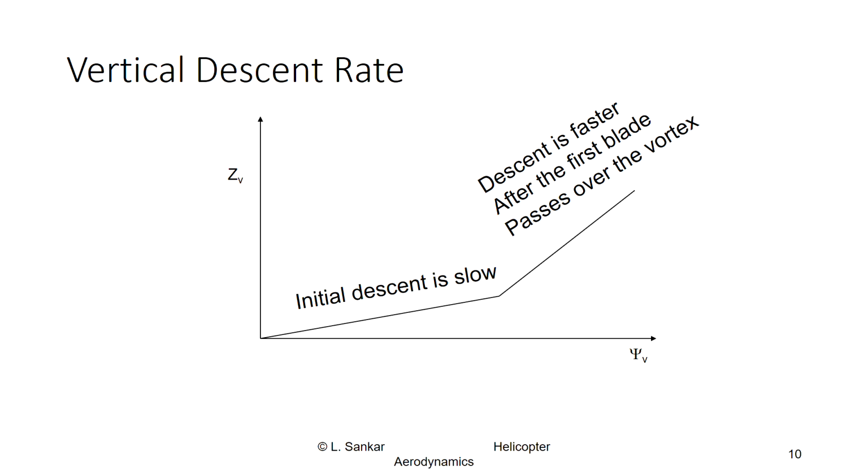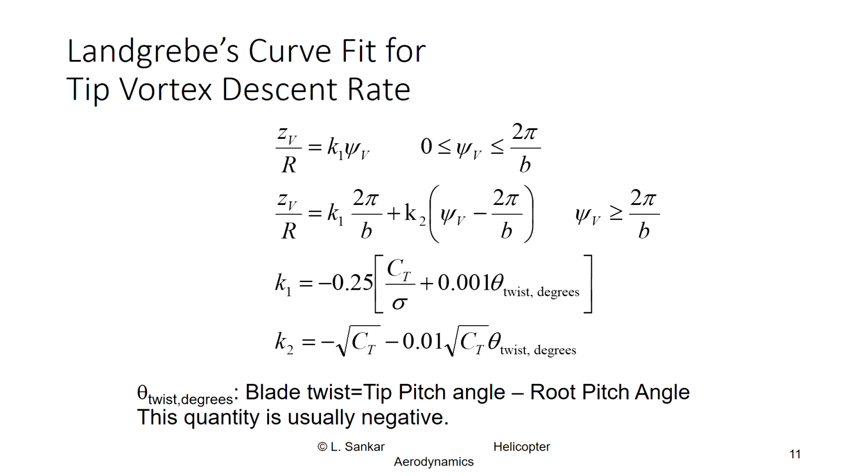Regardless, each one could be described as a linear curve fit of the vortex age. So this is the curve fit that was developed, again based on Landgrave. There are some empirical constants K1 and K2. These are functions of the thrust coefficient, solidity, and also the blade twist.